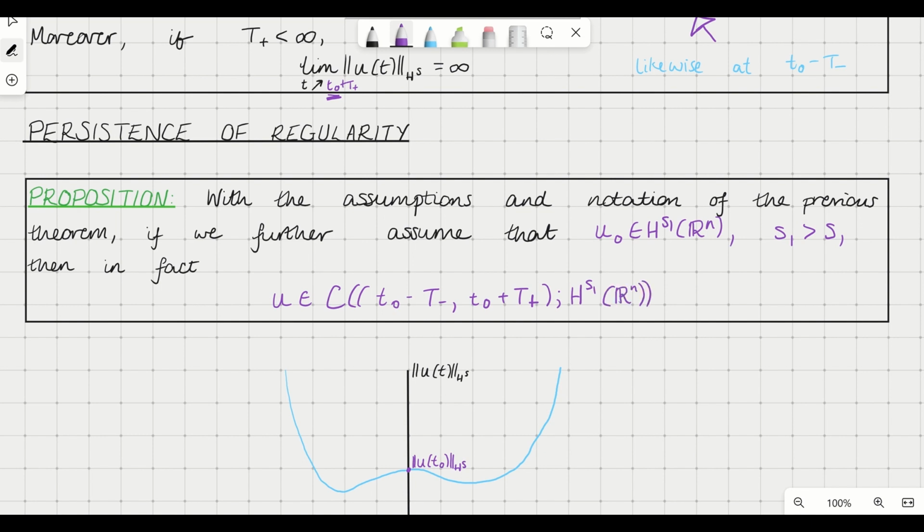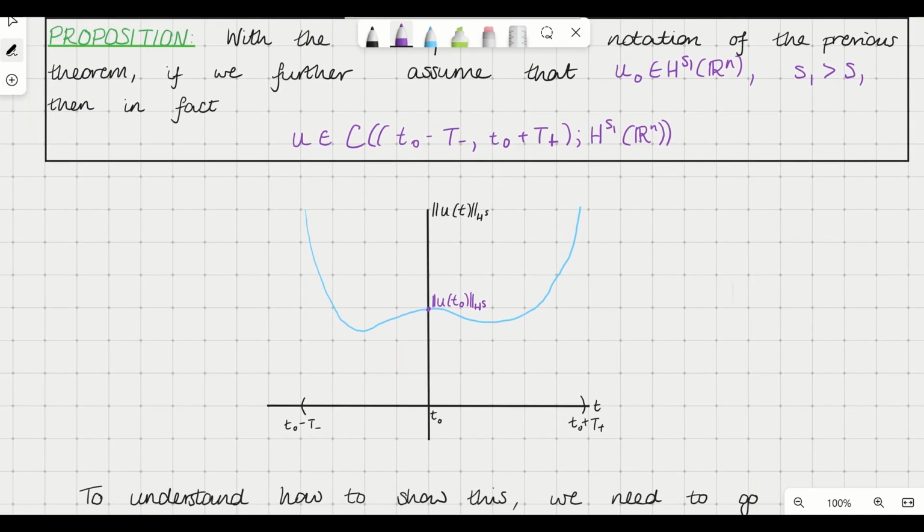So if the initial data additionally is in H^s1, the solution will stay in H^s1 for as long as it exists just in H^s. As I said, I think this is quite surprising. So why on earth should we expect something like this to be true?